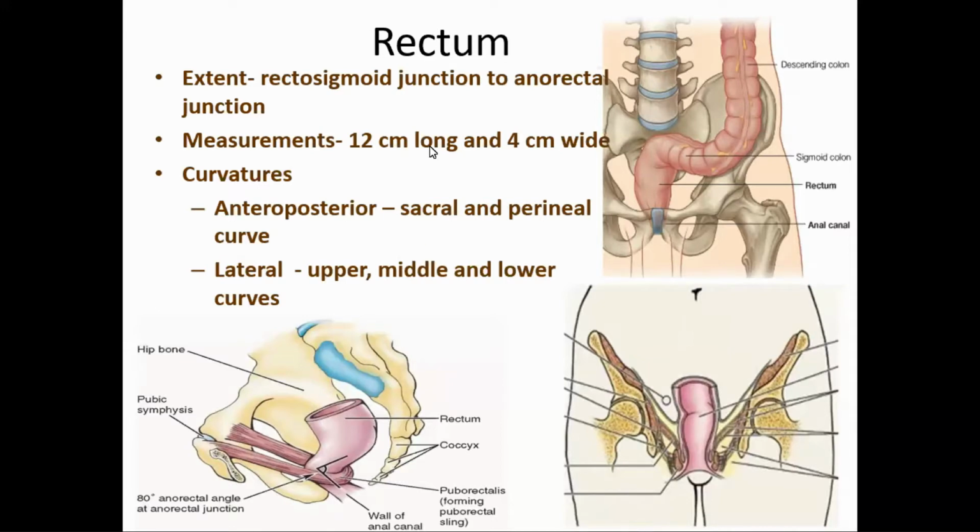Near to the anorectal junction, the rectum is dilated, and that dilated part is called rectal ampulla, or the ampulla of rectum. From there downwards, it becomes tapered to form the anal canal.